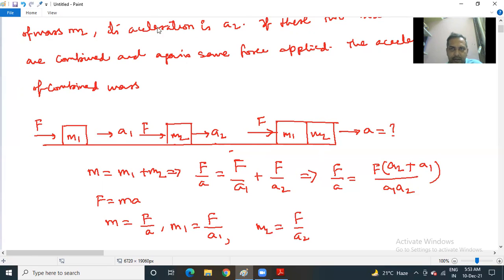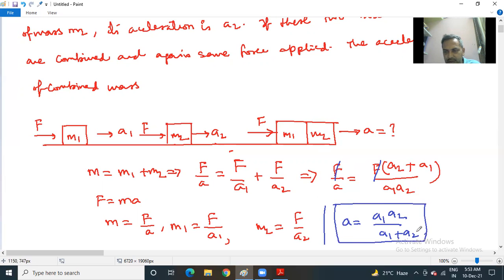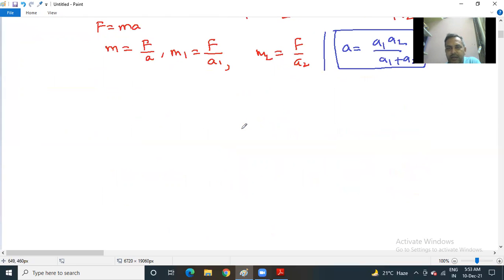Then you will have to cancel F and F. So you'll get acceleration as a is equal to a1 a2 by a1 plus a2. So there is a numerical on this equation. So let us proceed with another application.